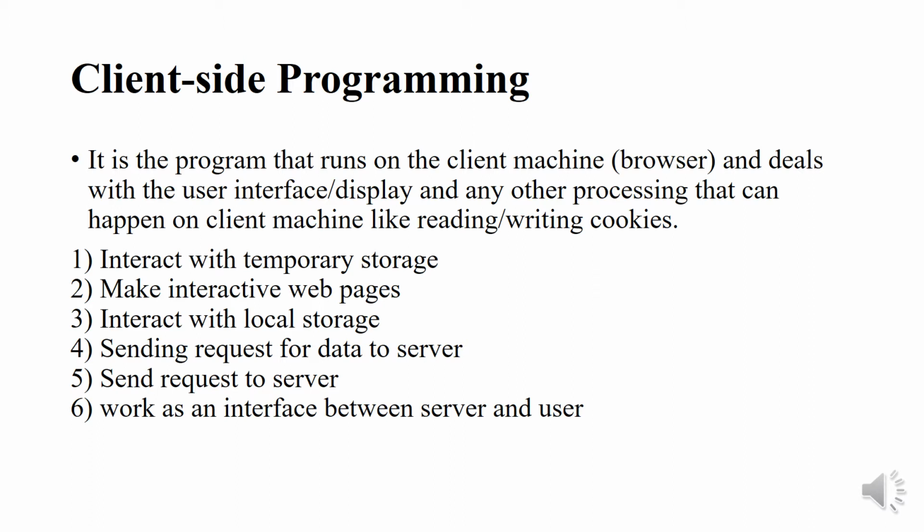So in client-side programming, it is very important to understand that in server-side programming, all the processes are happening on the server side. In client-side programming, all the processes are happening on the client side. So if the process is happening, it means the space or the storage, the processor, all these services are on the local machine.